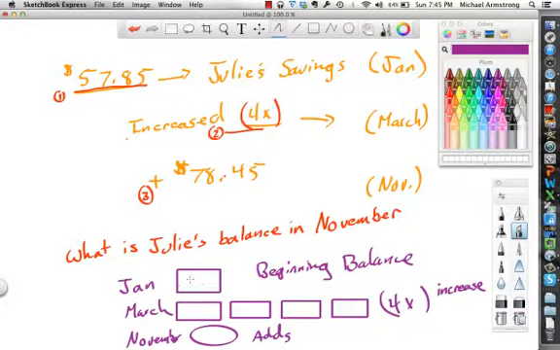So we have a beginning balance, we multiply that by 4, and then we add something. Okay, so you can see what's happening. She starts with 57.85. It increases 4 times. So really she starts with this number and then she adds it 4 times. So you do kind of have to add this up. And then you add November, the rest of the numbers, the 78.45, you add that on to November.